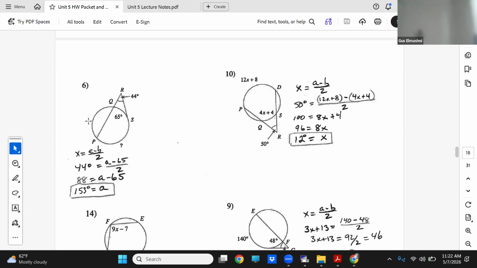You don't know what the question mark is, so we'll call it A. A minus 65 over 2 equals 44. Multiply by 2, add 65, and you get 153. So it's this minus this over 2 equals 44, just like we saw for all those cases, except when you have two chords, then you add the two arcs. In most cases, you're subtracting.